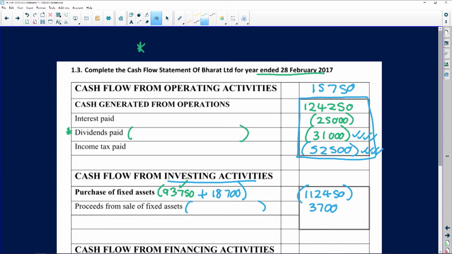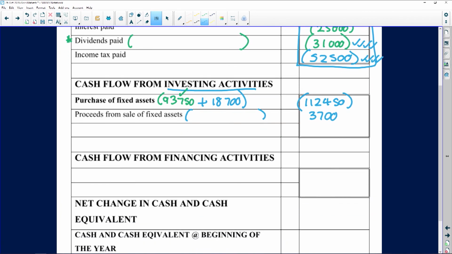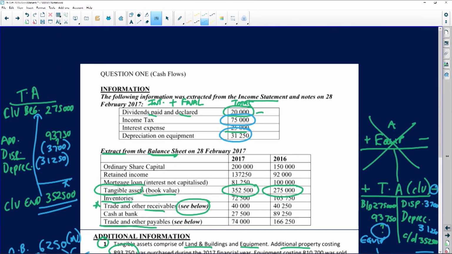Okay. Right, let's see if we can quickly tackle cash flow from financing activities. We've got just over a minute left. So please remember here, you're going to show proceeds from the sale of shares. And in this particular case, it's very, very straightforward. So if we look at your proceeds from the sale of shares, even if I don't fill this in, guys, because we've got just under a minute left, ordinary share capital, there's no buyback of shares, so it's quite straightforward.